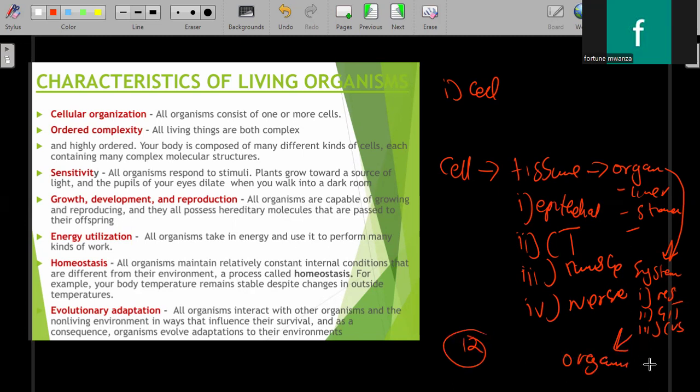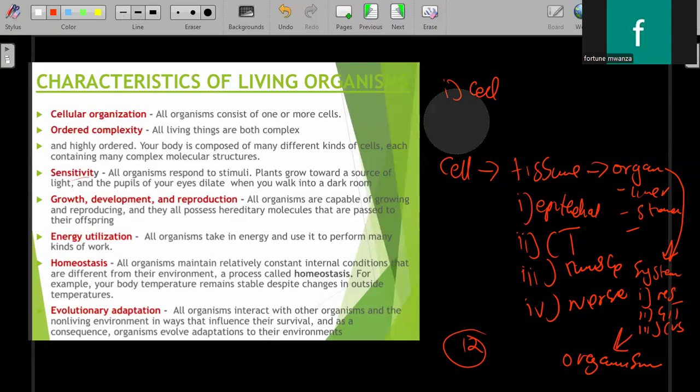So you have an organism. Living things are going to be complex like this. They're going to be made up in such a way. Another characteristic of living organisms is sensitivity. They are able to respond to a stimulus. They are able to grow and also reproduce.